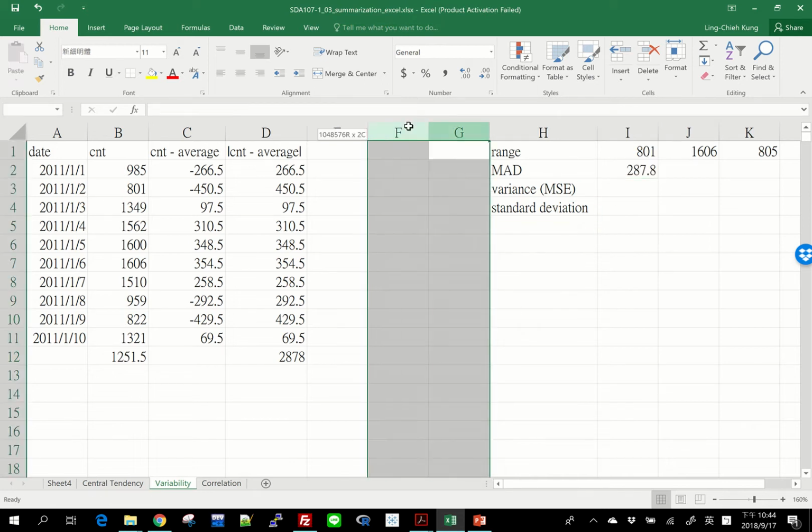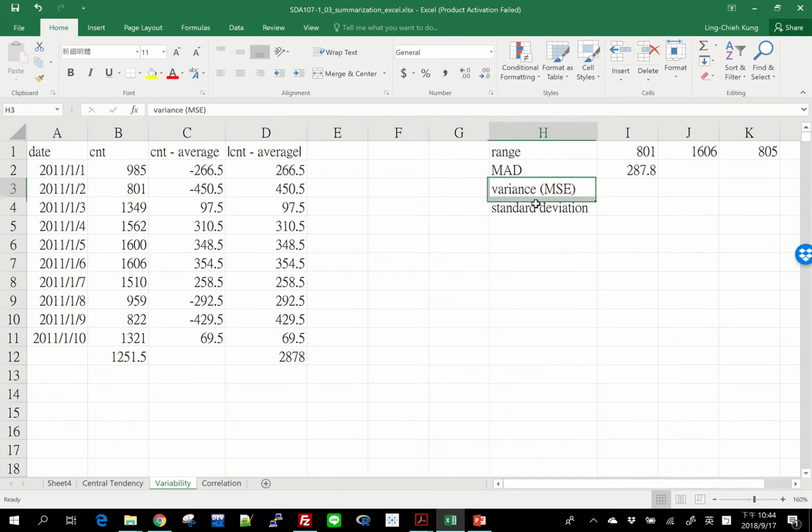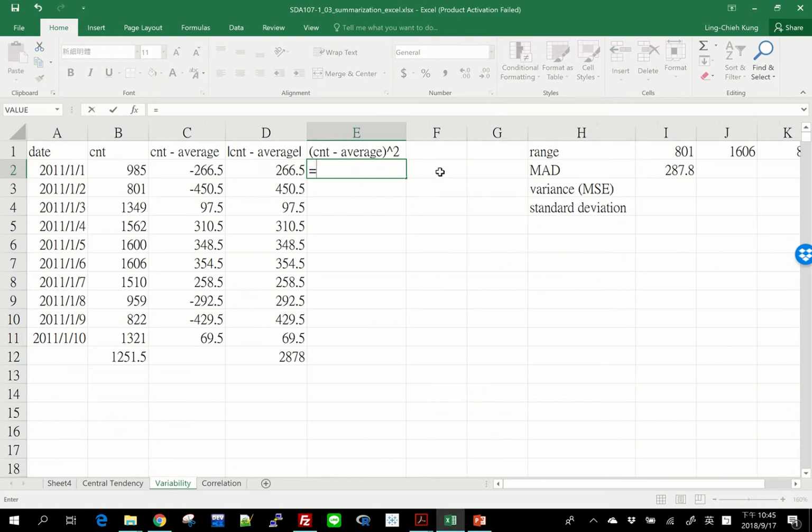Okay, that sounds good. And then how about variance or MSE? Let's first calculate MSE by ourselves. If that's the case, we need to take square instead of taking absolute values. So I'm going to take the deviation and then square it. I get all these values.